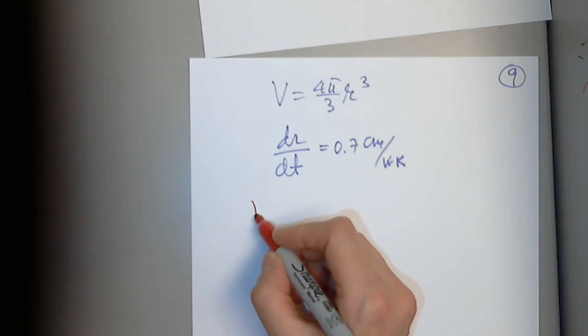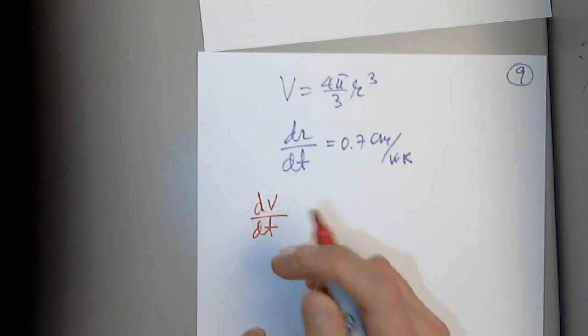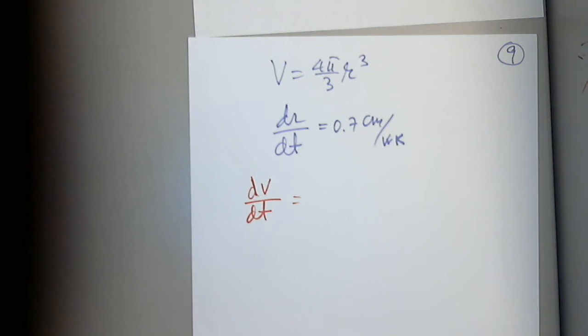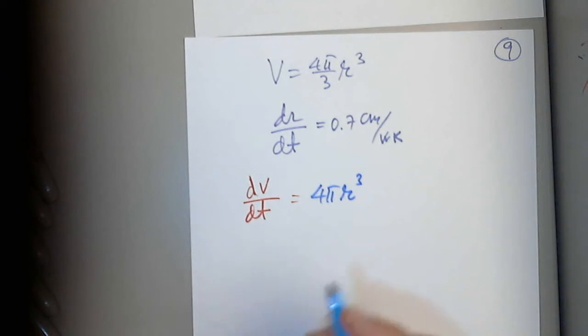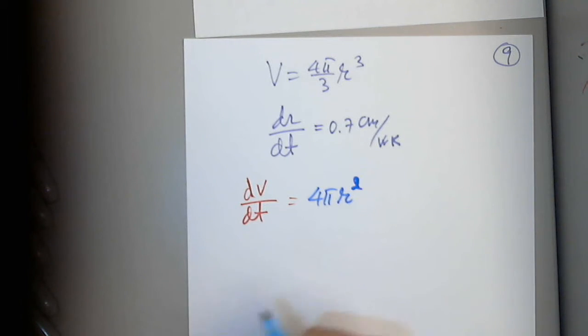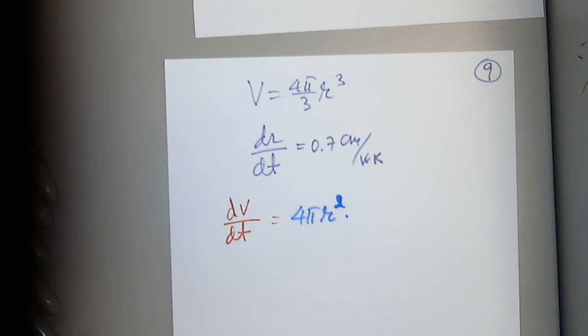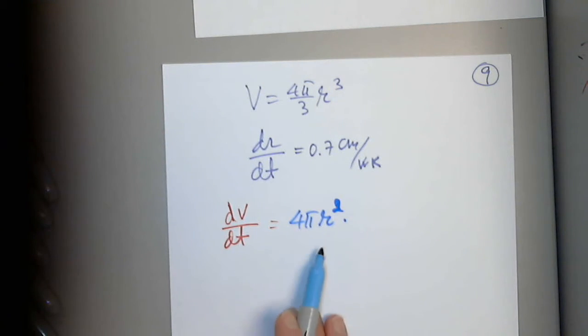Very good. So remember, the function v is a function of time. So I can find dv over dt equals. What do I write on the right-hand side? 4 pi r cubed. I meant to say squared, of course. 4 pi r squared times, I already simplified with the 3 in the denominator.